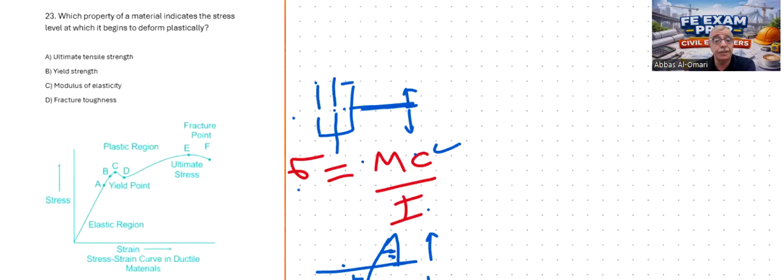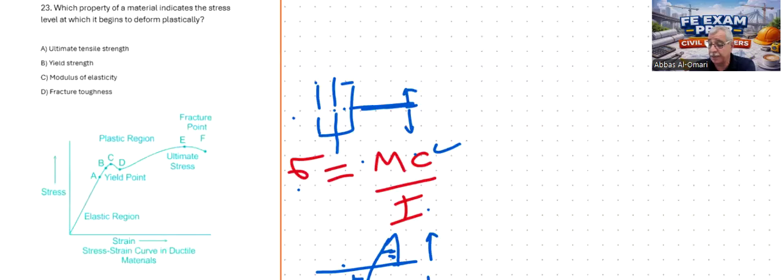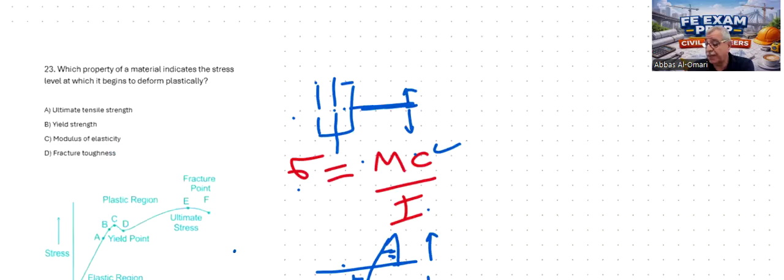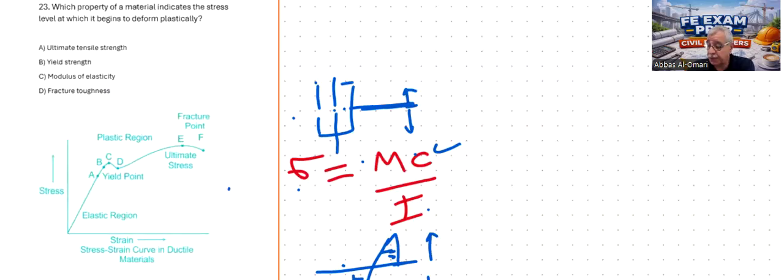Now, you will not be given this drawing. I added this stress-strain relationship. So you should memorize and understand the stress-strain drawing and its relation. So the point at which a material begins to deform plastically is the yield point, which is point B, the yield point.